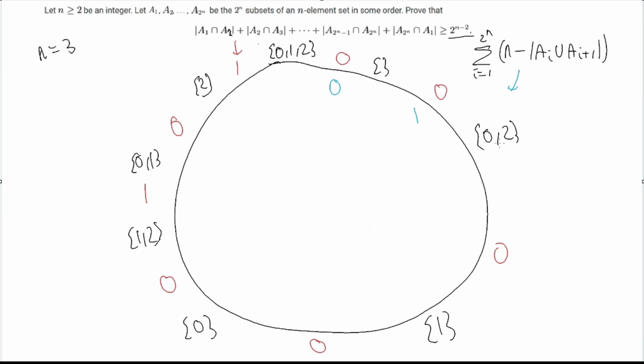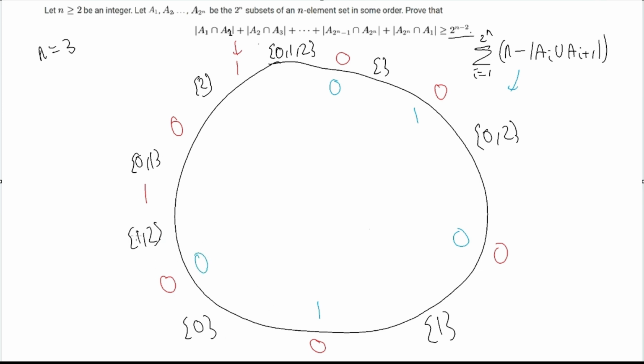And then over here, we have that 0, 2 and 0, 1 have union 0, 1, 2. So their union has size 3, and we end up getting 0 here. Then these two have union size 2, so that's 1. Union size 3, so that's 0.